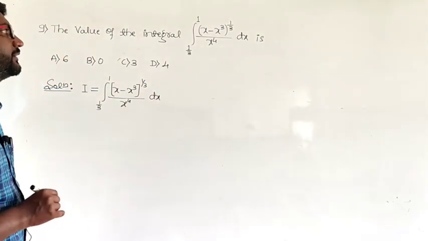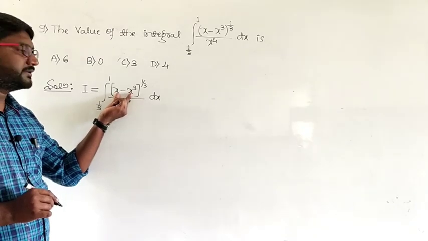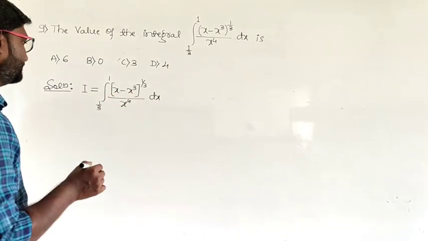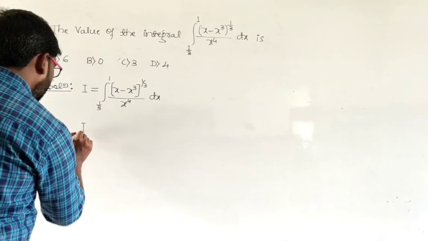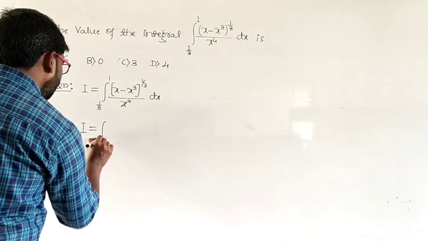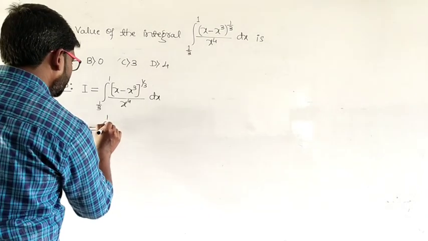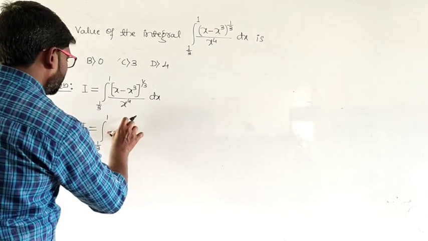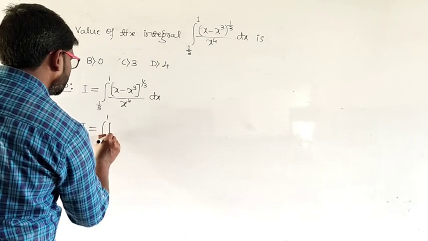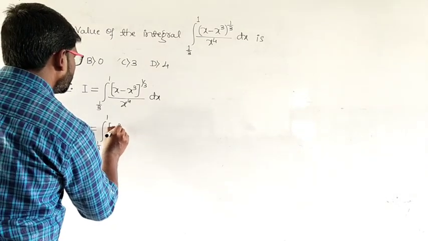So now in these two terms I take x cube common, so see here, I is equal to the integral from 1 by 3 to 1, then in the numerator I take x cube common.